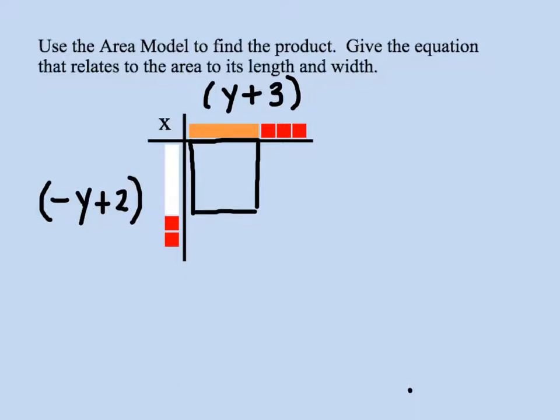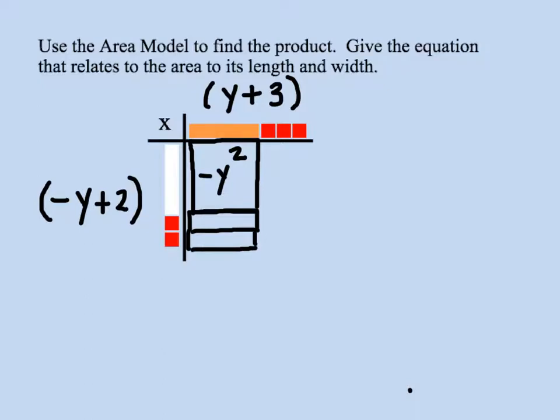With that said, consider that this is a negative y tile and this is a positive y tile. That means this guy's a negative y squared tile. Underneath, 1 long, y wide. That's your y tile. And again, another y tile below.